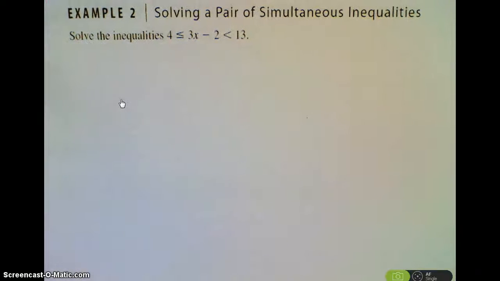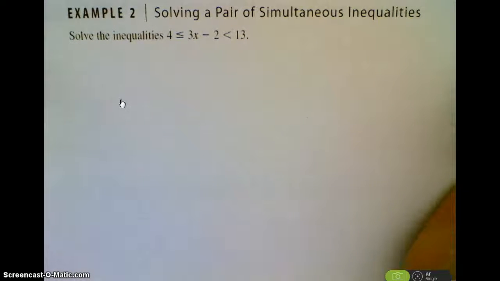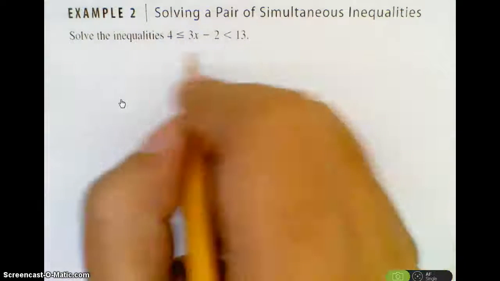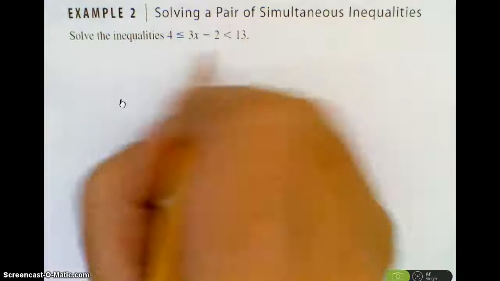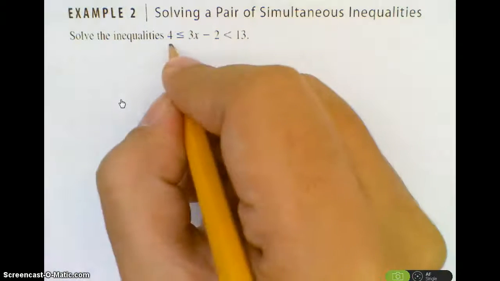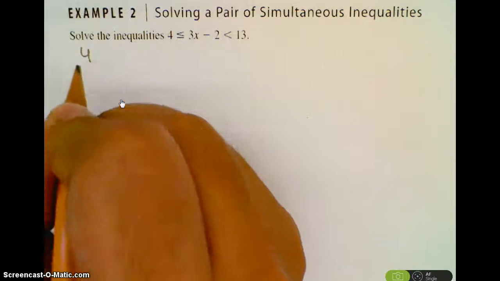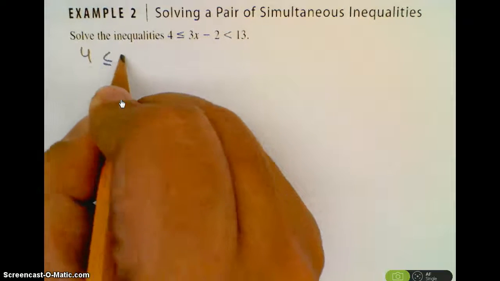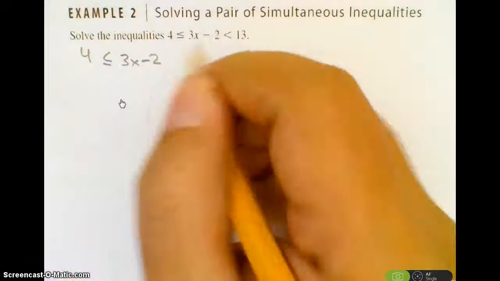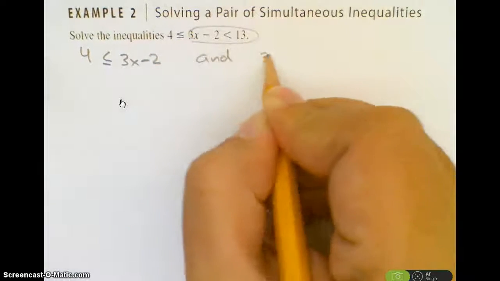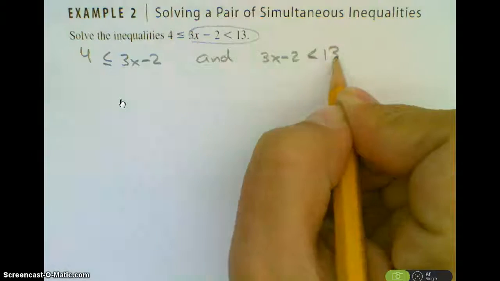Example 2 has simultaneous inequalities. This is just a way to say that we have two inequalities embedded into this single one. For example, I can split this up into 4 less than or equal to 3x minus 2, and I can also say 3x minus 2 less than 13.